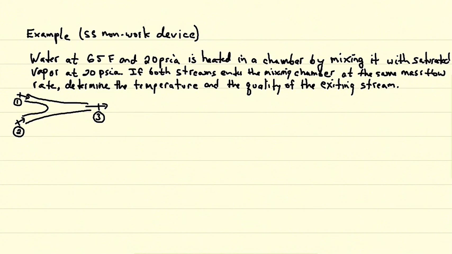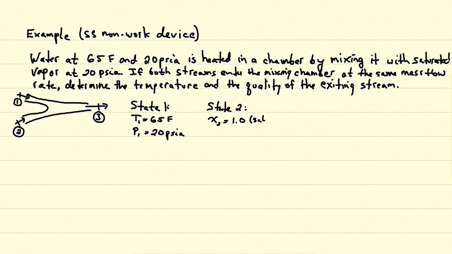Once we draw our control system, I like to write down the state information that we have. For state 1, we're told that the temperature is 65 degrees Fahrenheit and the pressure is 20 psia. And then we're also told at state 2 that we have a saturated vapor, which means that the quality at state 2, x2, is equal to 1.0.